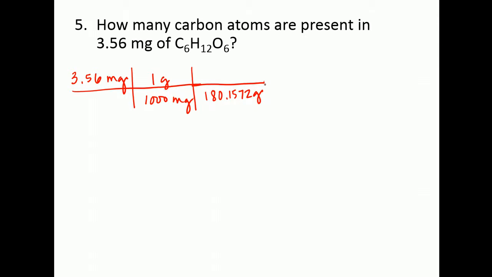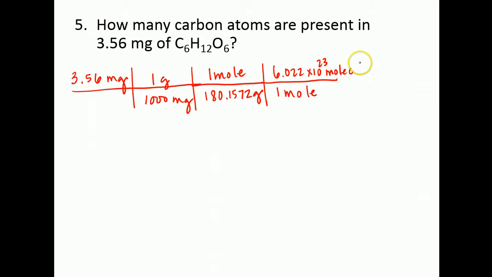Now that would be for 1 mole. You could write 1 mole here. If you wanted to, you could go right to Avogadro's number. Either way is fine. But in 1 mole, there's going to be 6.022 times 10 to the 23rd molecules.